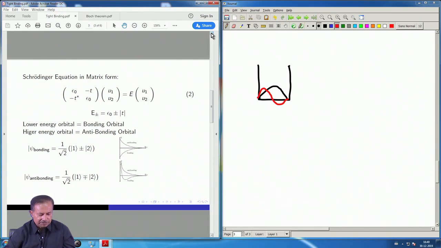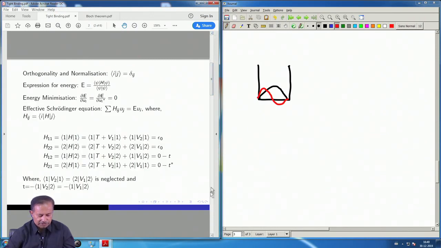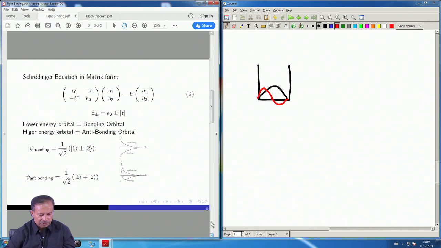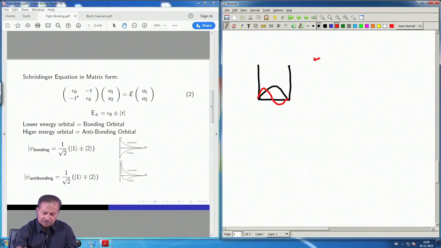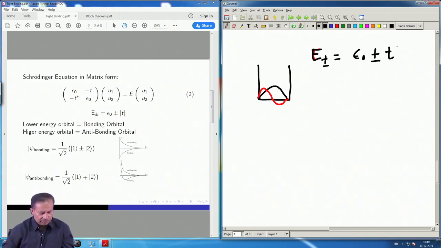Of course, this picture that I have just shown you, with this Hamiltonian and diagonalizing it to get these two wave functions and two eigenenergies, E plus minus, equal to epsilon naught plus minus t, t positive again, remember.